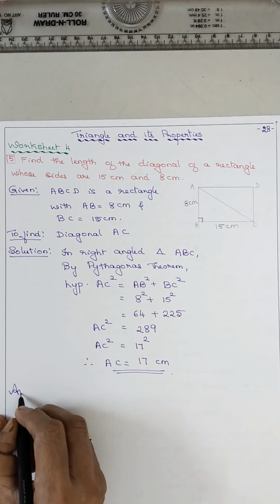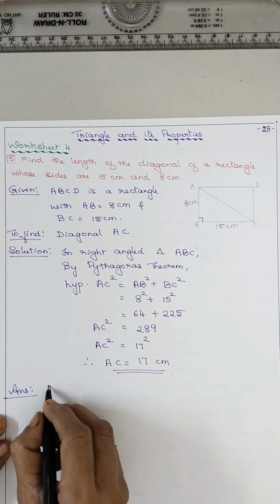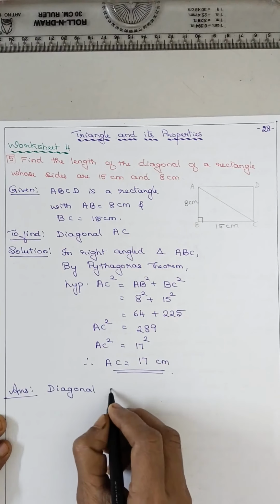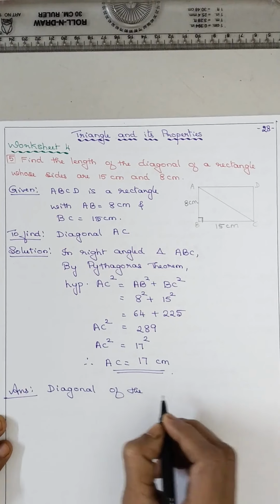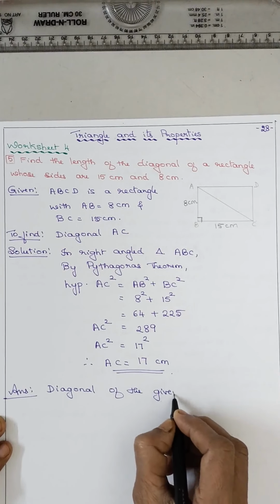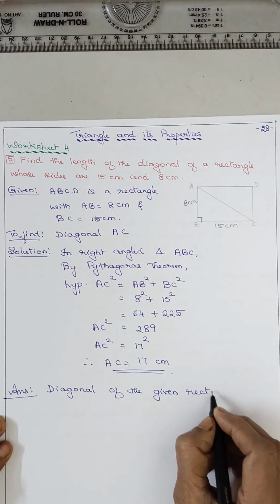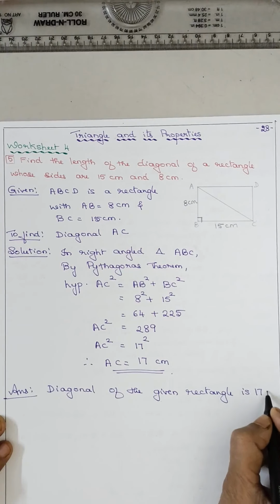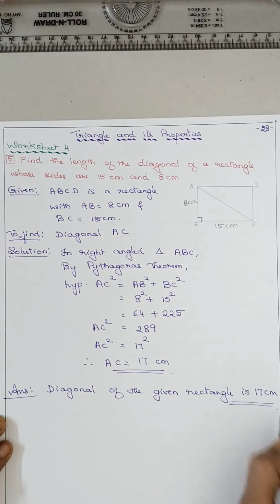So answer, diagonal of the given rectangle is 17 centimeter. Hope you understood.